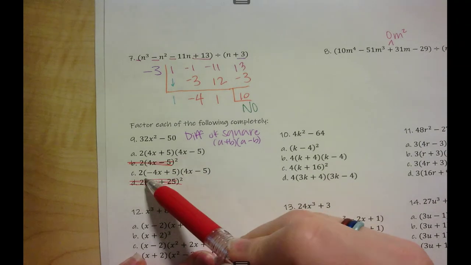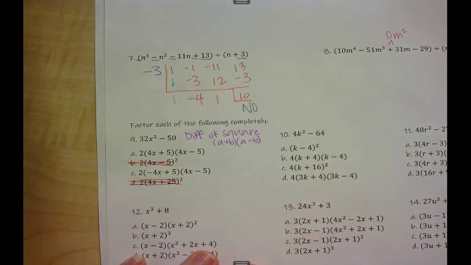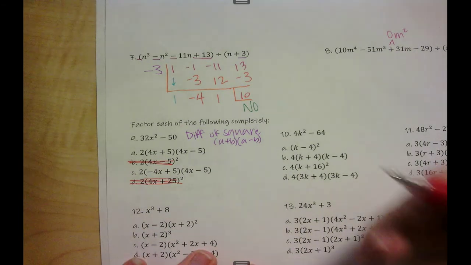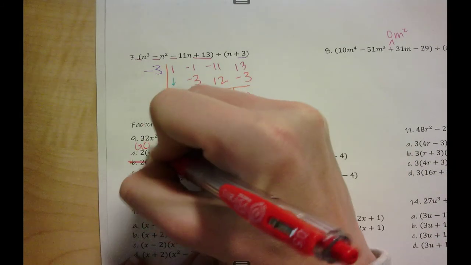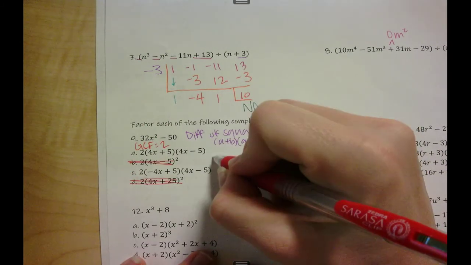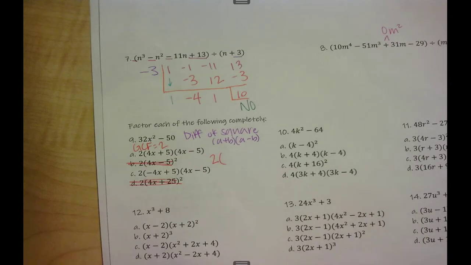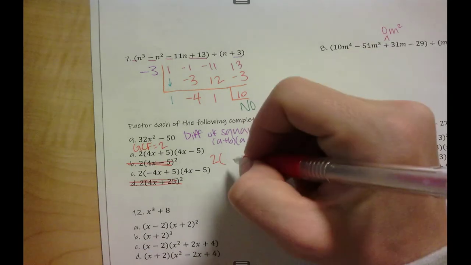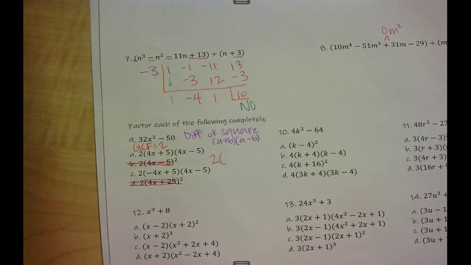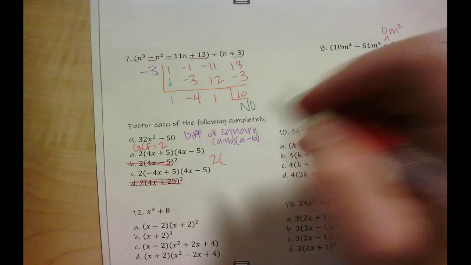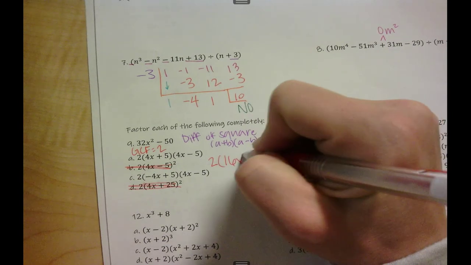You see, each of these has a 2. So we do need to do a little bit of math. That means that 2 is our GCF. So when I take 32 and divide it by 2, I'm left with 16 inside.